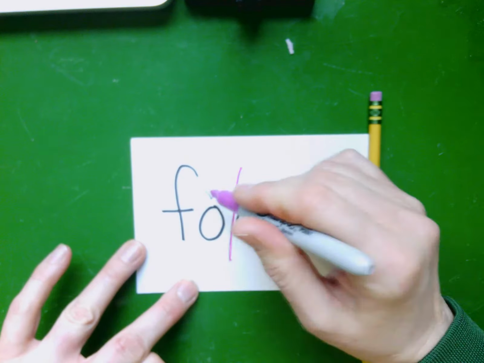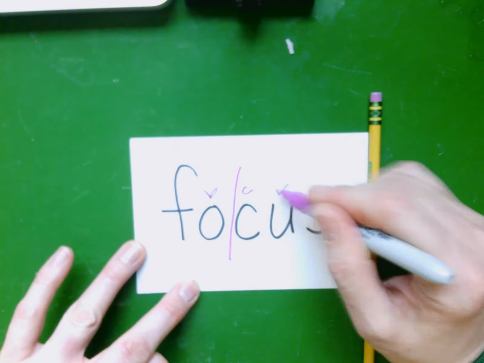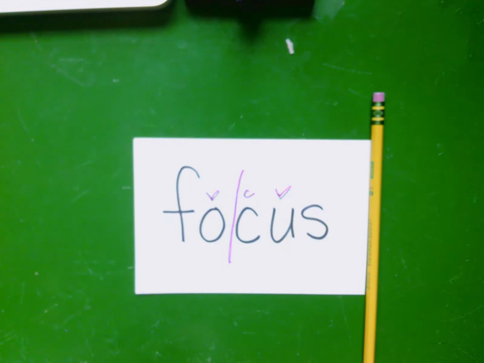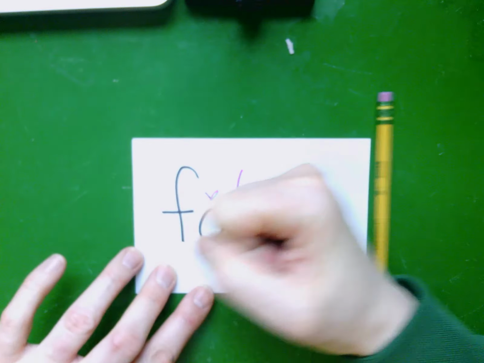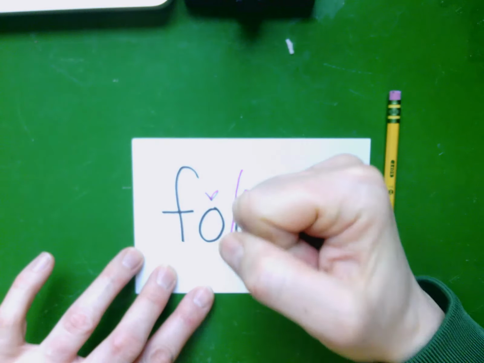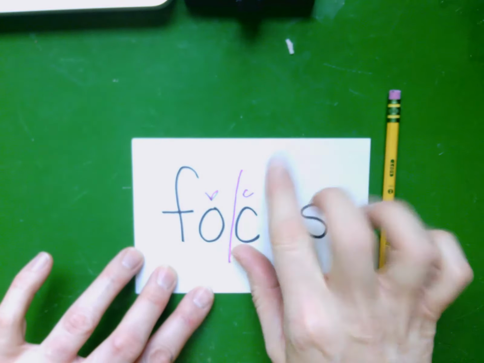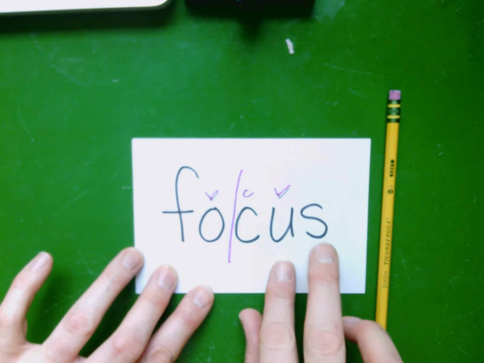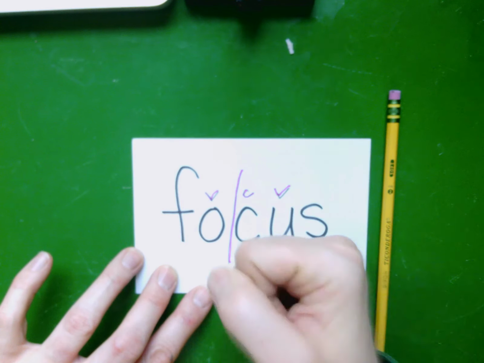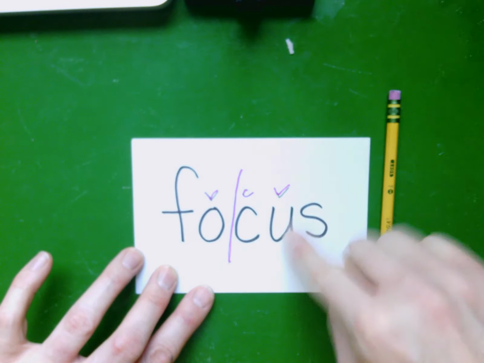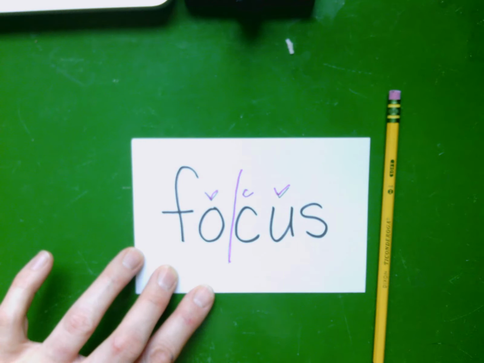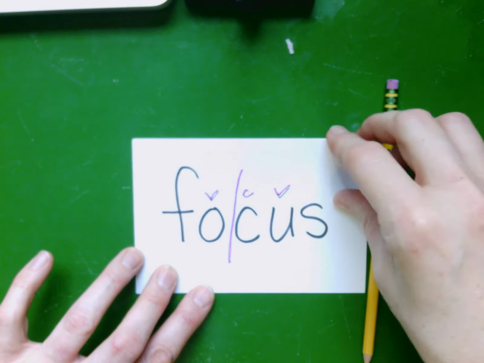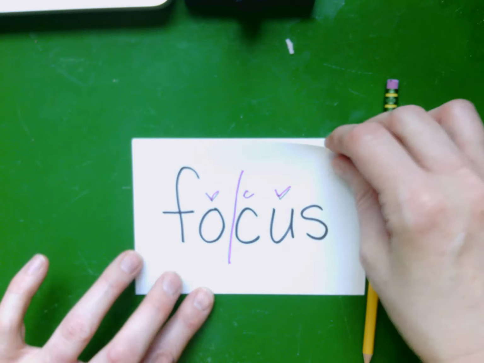There we go. So we have a vowel, consonant, vowel. Okay, so here we go. So I see the first one, fo, f-o, fo, cus, focus. And you can see this U makes the uh sound, and that's because when I pronounce it, it sounds different.